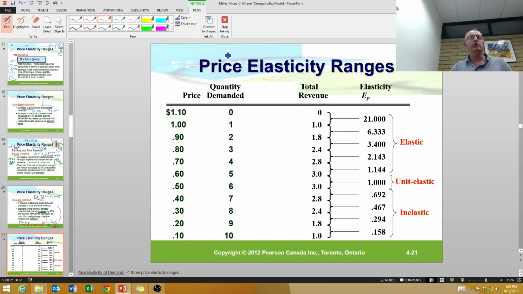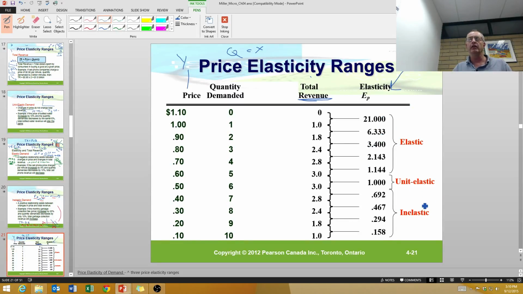Okay, so all we have here is a data table, and we're going to chart total revenue. So we've got price, here's our y-axis, and here's our quantity on the x-axis. Here's our total revenue, and they've done the elasticity calculations for us.